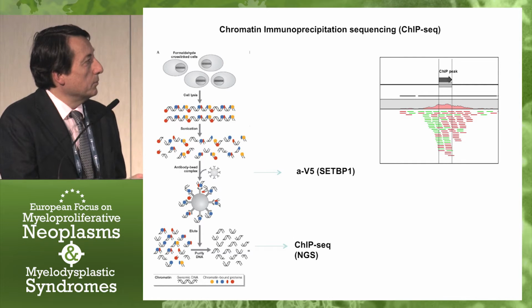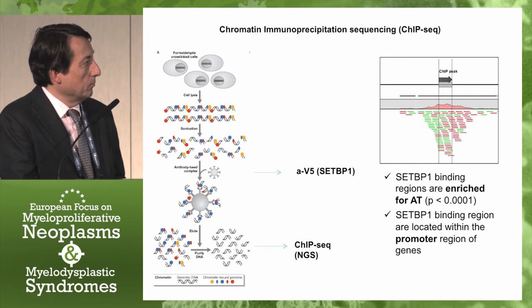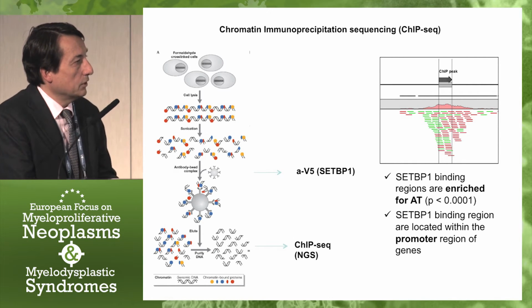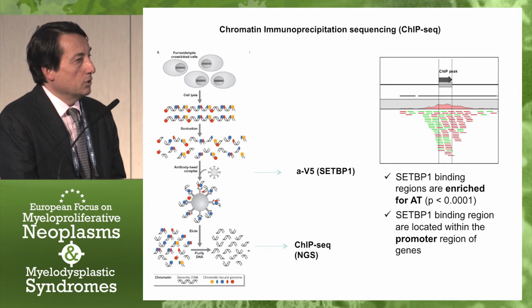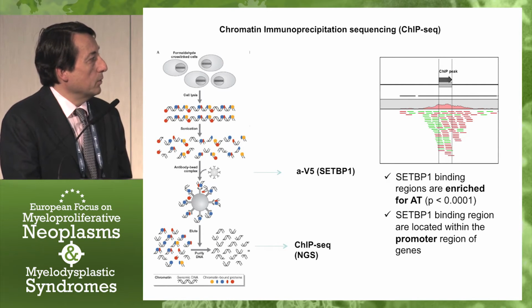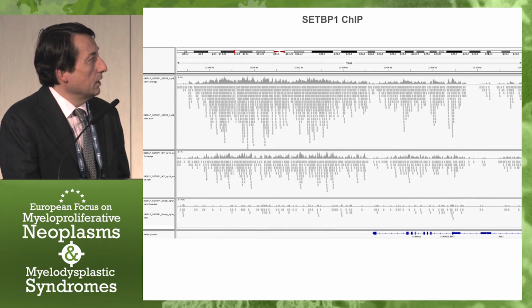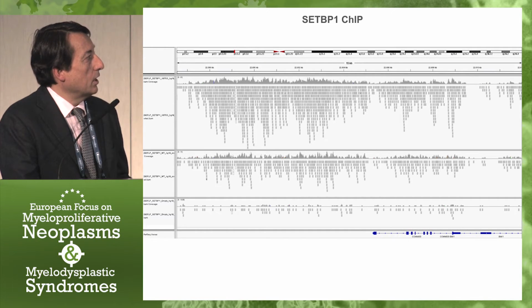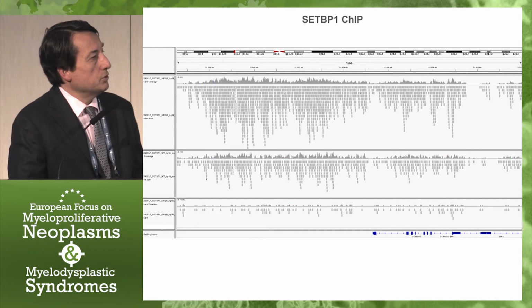These are very preliminary, but by doing this, we identified a number of genes where SETBP1 is binding. I will show you just one example. This is one gene. You see the ATG here, and these are the number of sequences that are mapped to the various regions. As you can see, there is quite a large number of signals in the promoter region of these genes.